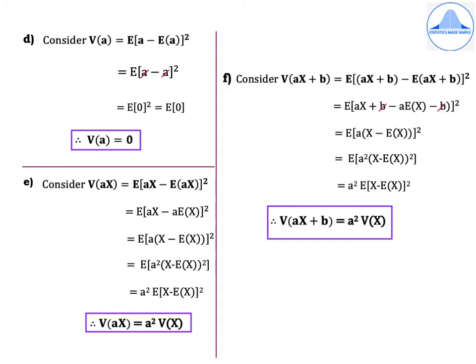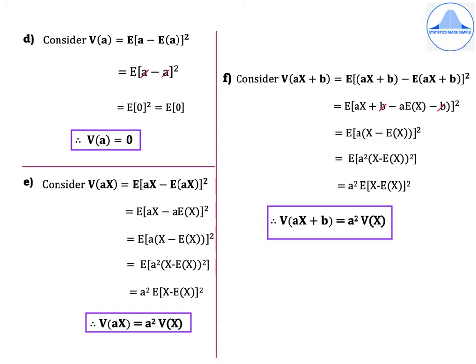So you'll get expectation of a square into (x minus E of x) the whole square, which is equal to, a square is a constant, so remove it outside the expectation. It is a square into E of [x minus E of x] the whole square. And we know that E of [x minus E of x] the whole square is nothing but V of x. Therefore, V of ax plus b is equal to a square V of x.